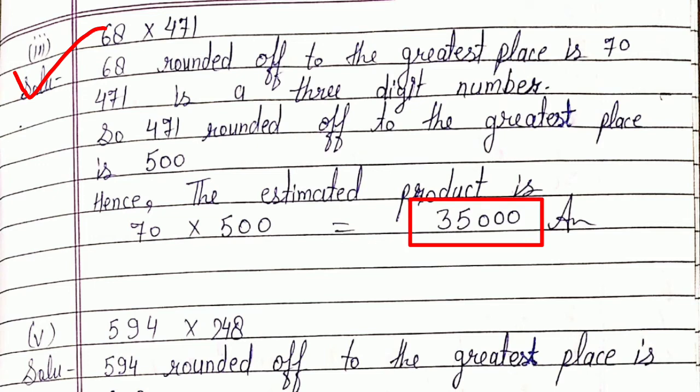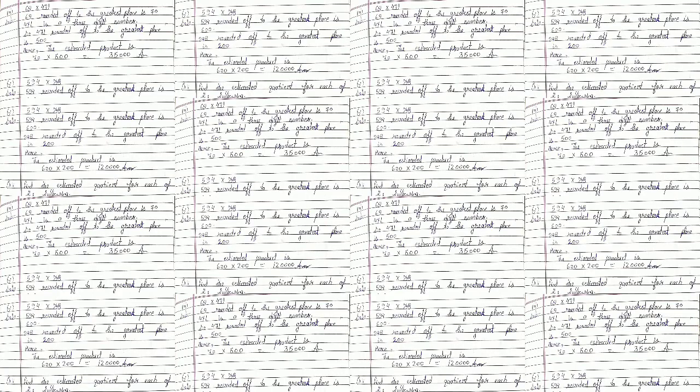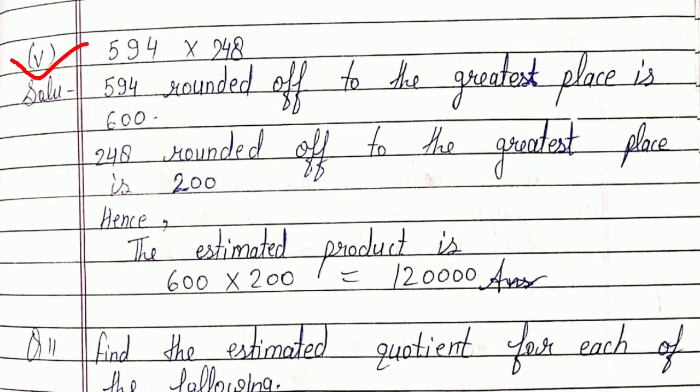Now we are moving to the next part, part number 5. Here in this part, 594 multiply 248. 594 rounded off to the greatest place is 600. We can round off to the nearest 100 because it is a 3-digit number.